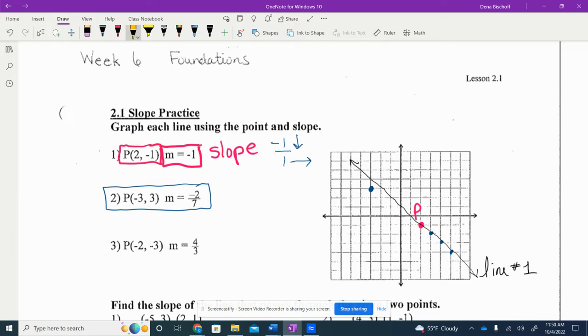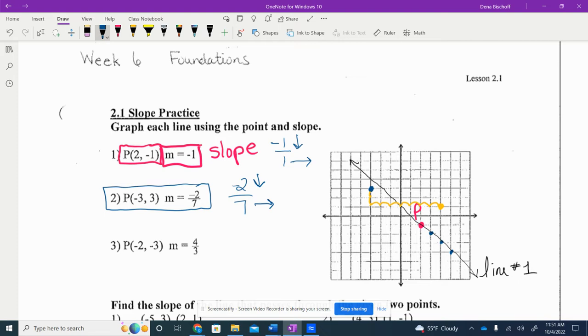So now let's count the slope there. My slope for this graph is -2 over 7. Does that negative mean I go up or down? Down 2 and to the right 7. And I really do feel like it helps if you draw the arrows. So I'm going to go down 1, 2, and then over 1, 2, 3, 4, 5, 6, 7.